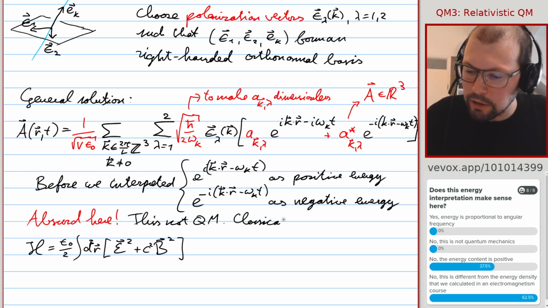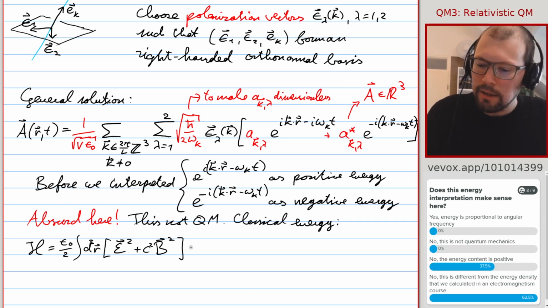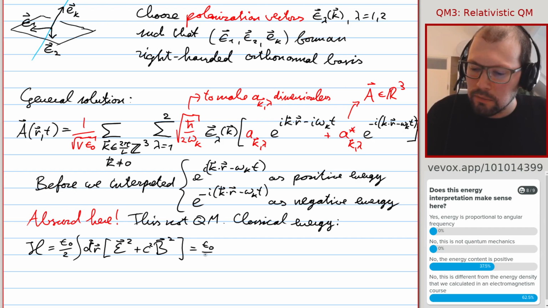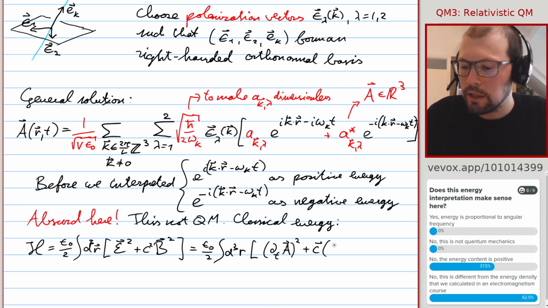We know very well what the classical energy is. We are working in terms of the vector potential. So in terms of the vector potential, we can write this as the time derivative squared and the curl squared.